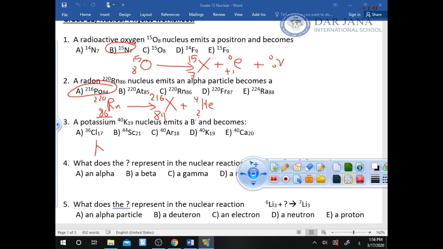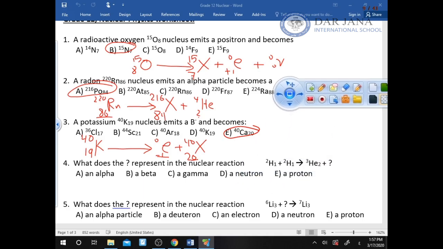Potassium. This is the banana thing. Potassium is emitting a beta minus decay, which is e minus 1, 0, plus the element. Here we should have 20, and here we should have 40. So we have conservation of charge. So it's calcium.